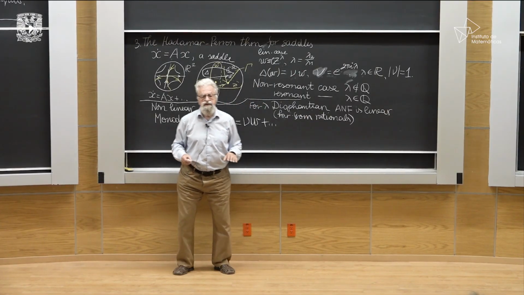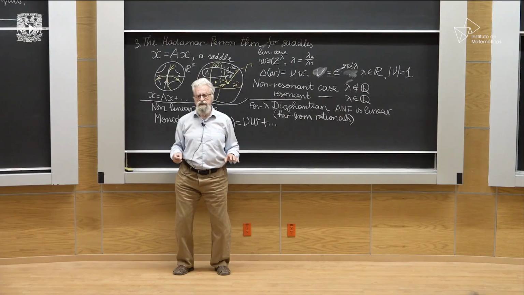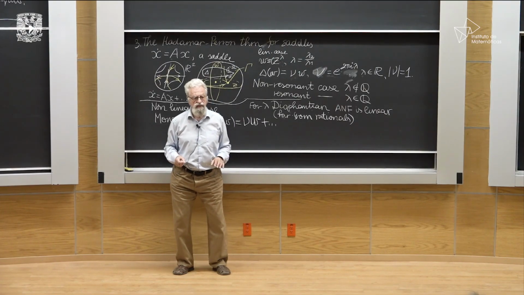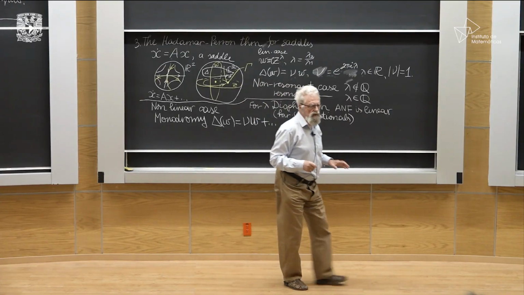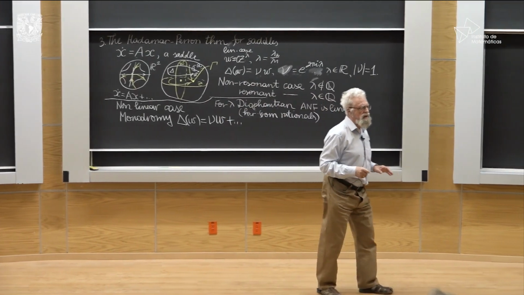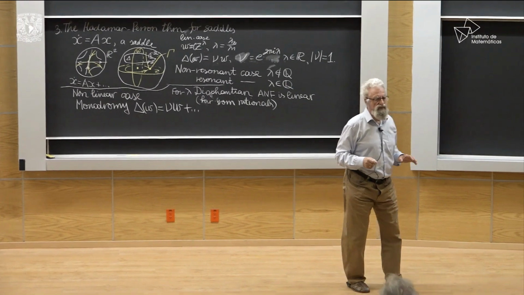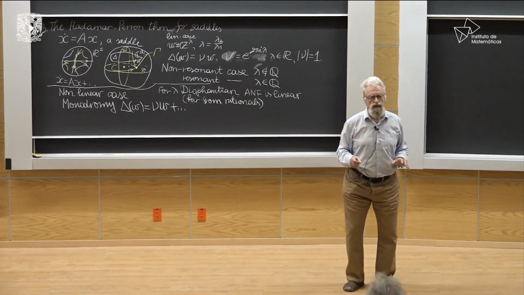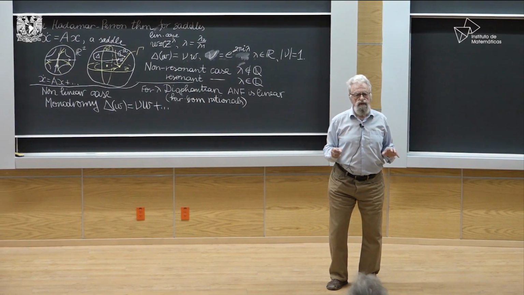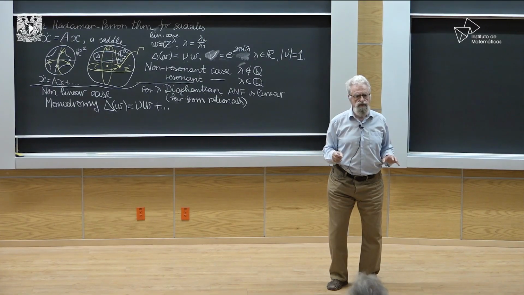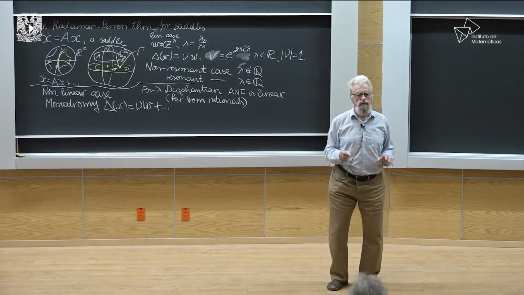The normalizing series, the formal normalizing series, do diverge. So I do not write down the explicit condition for the Diophantine number. It was given in 1972 by Alexander Bruneau.